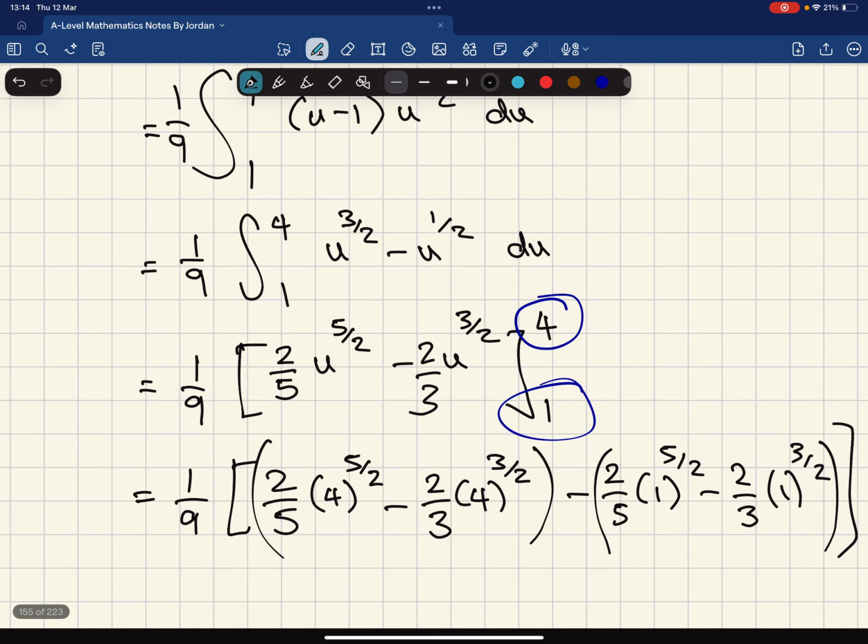So yeah, of course, this would then all just go in the calculator.